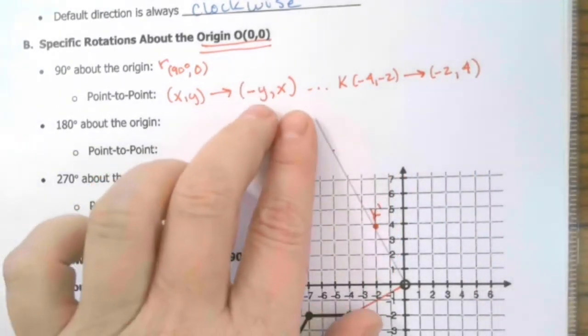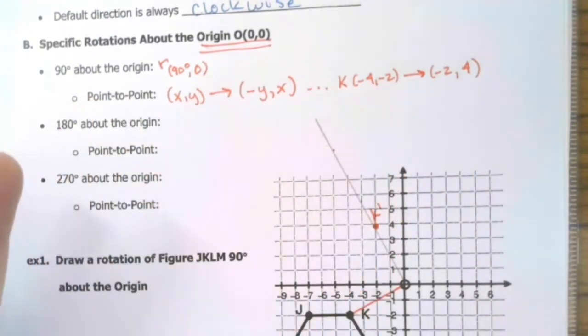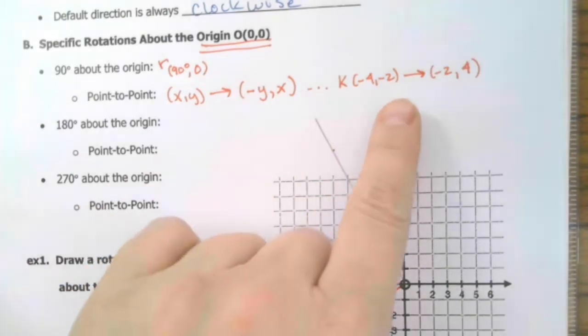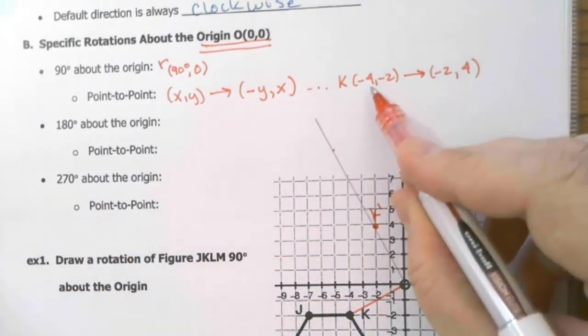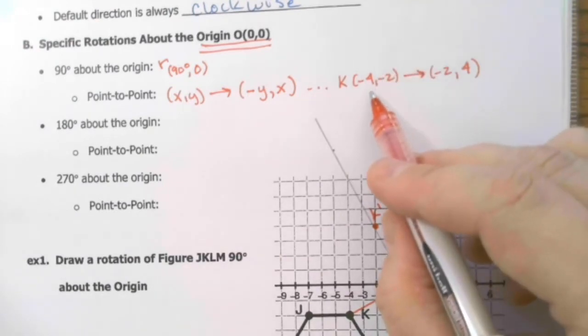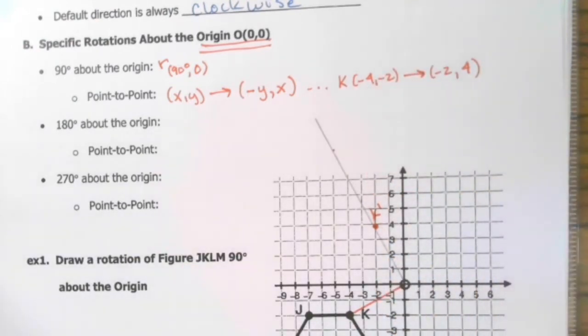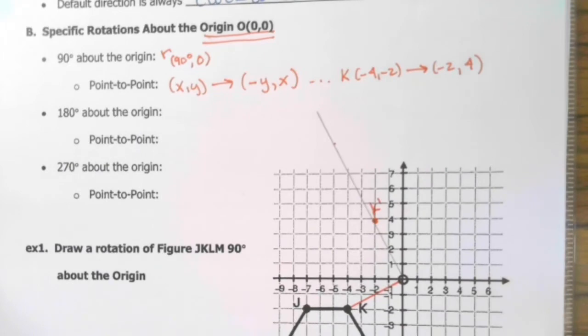So the x and the y switch, and the y is multiplied by a -1. So -2, and the -4 gets multiplied by a -1. Okay, that's your 90 degrees.